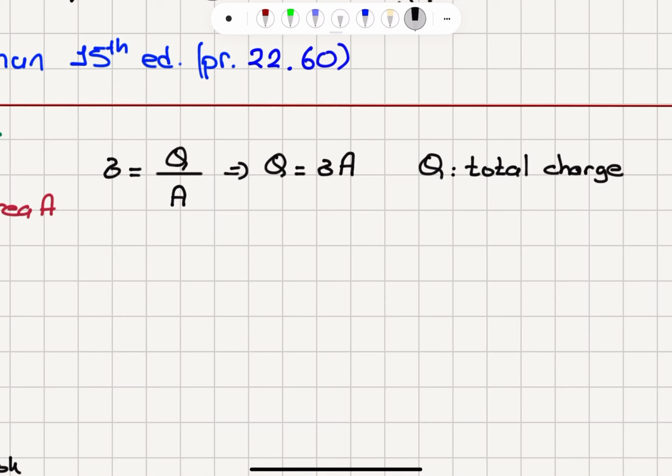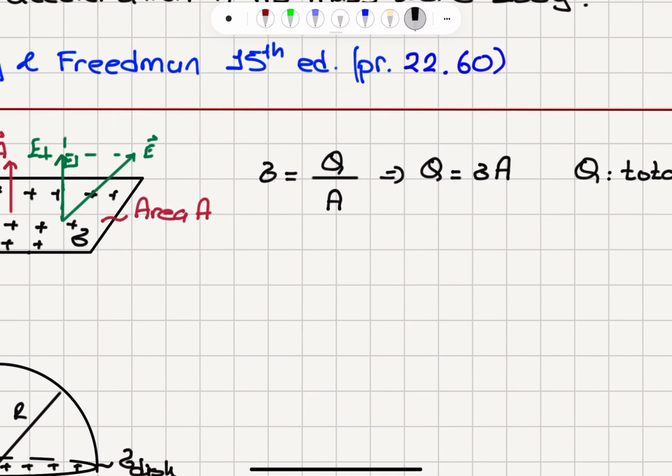All right. The perpendicular force, F perpendicular, that this charge feels is equal to the charge Q multiplied by the perpendicular component of the external electric field.